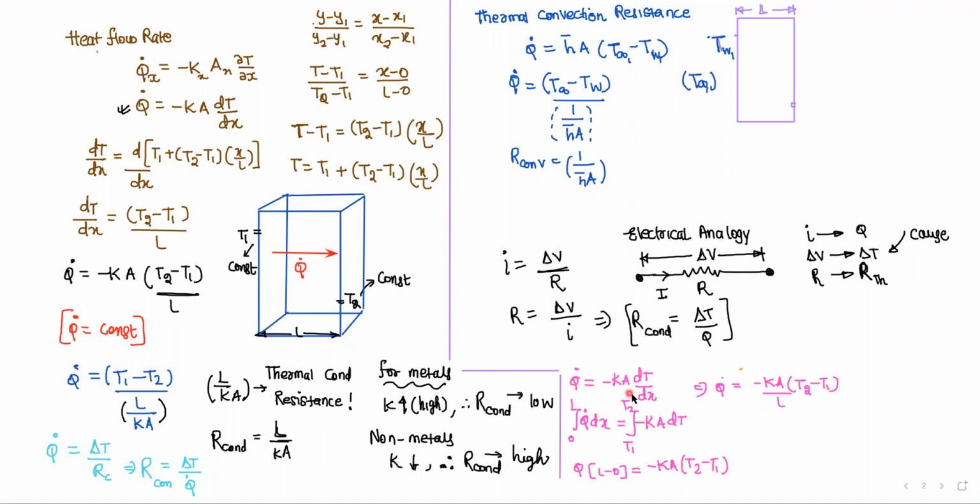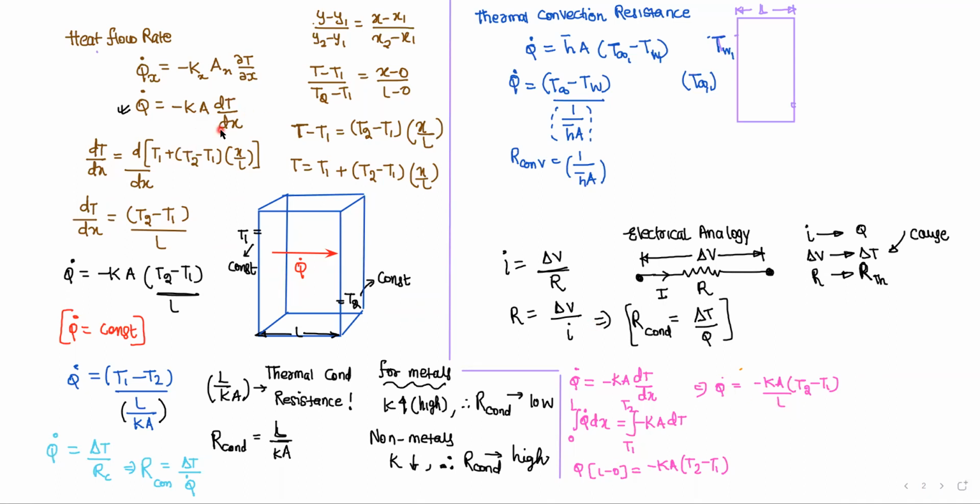Multiplying through by dx, q dot dx equals minus k A dT. Integrating with dx having limits 0 to L, and temperature having limits T1 to T2, we get q dot equal to minus k A (T2 minus T1) by L.